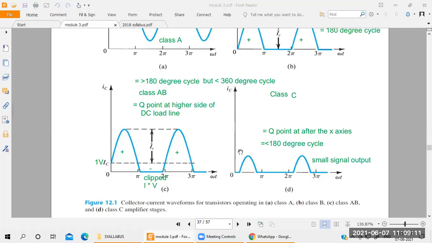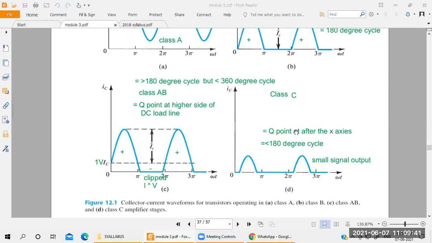So for less than 180 degrees, the Q point is located below the x-axis. When the Q point is located below the x-axis here, the current is very small, and very small means we can take less than the 180-degree cycle.